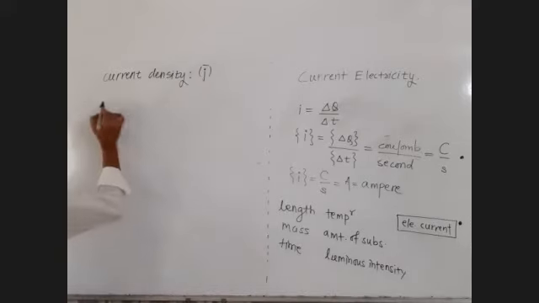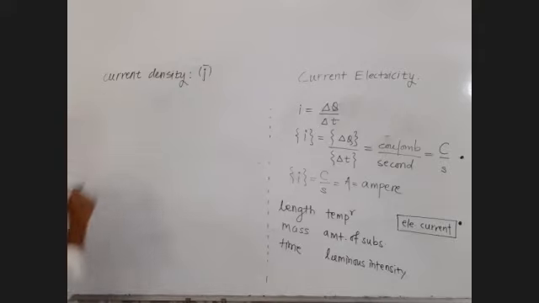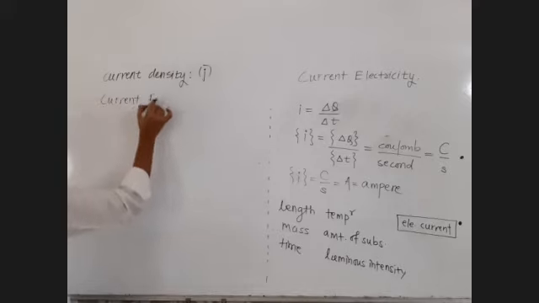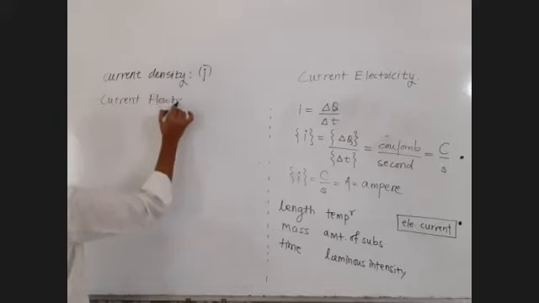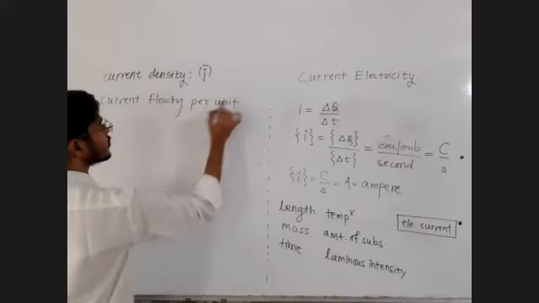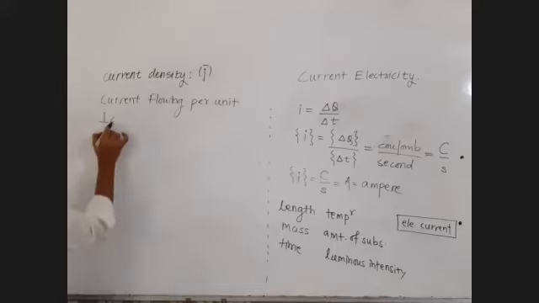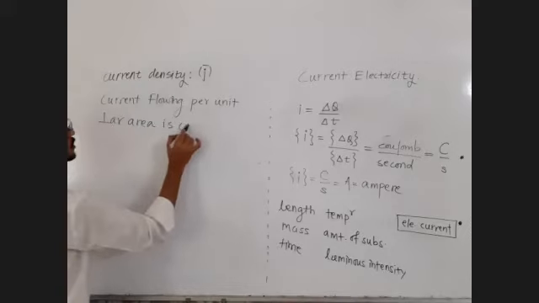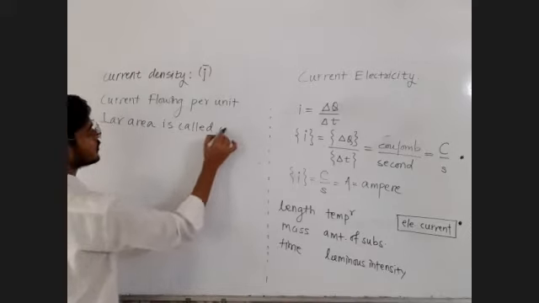Write down: current flowing per unit perpendicular area is called current density.